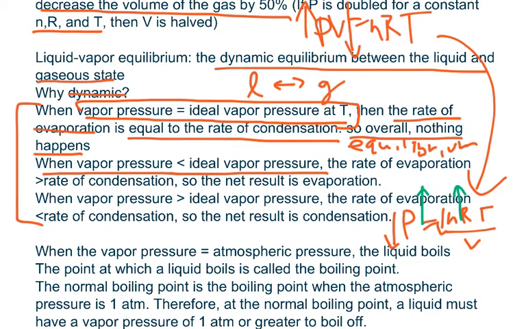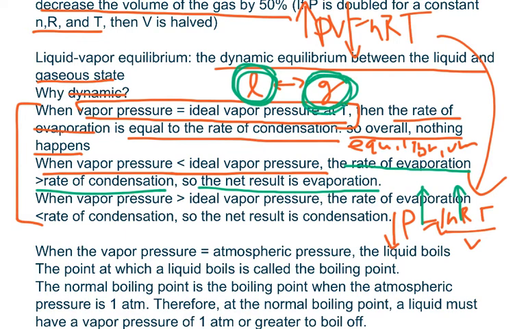So in this case, the rate of evaporation is greater than the rate of condensation, so the net result is evaporation. Since the rate at which the liquid turns into a gas is greater than the rate at which the gas turns into a liquid, the liquid will overall turn into gas, and that gas is added to the system, which increases the moles of gas, which increases the pressure and kind of returns the vapor pressure back to the ideal vapor pressure.